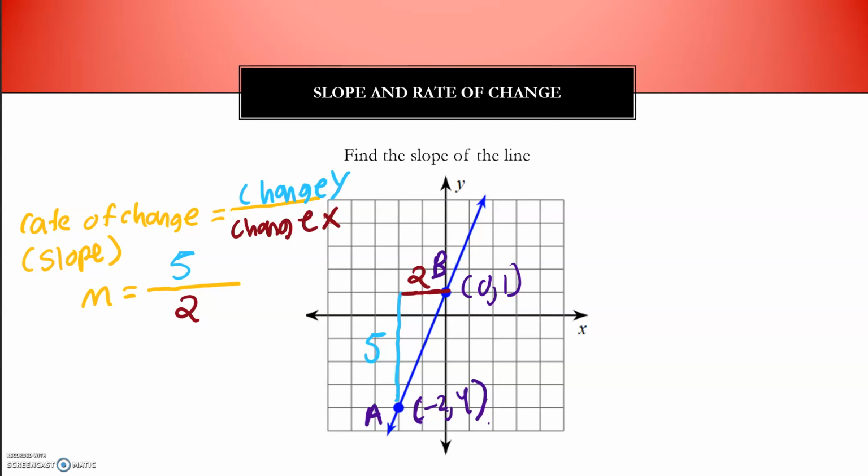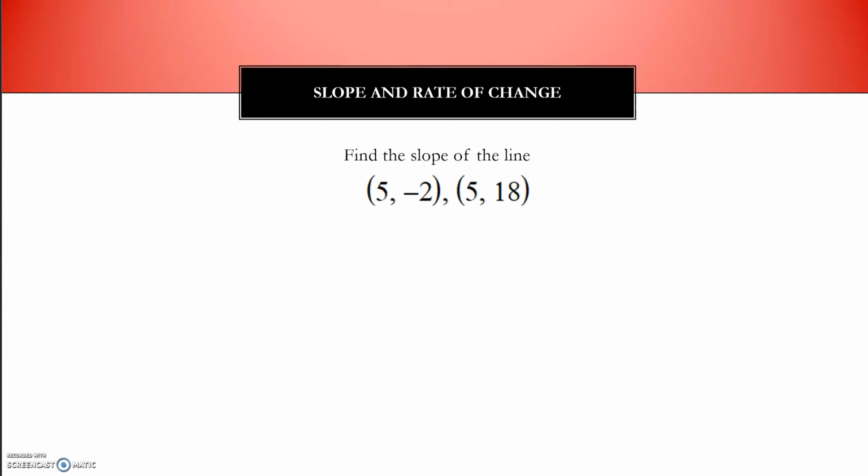Now, let's take a look at what happens if you have a pair of points. Okay? I'm going to give you a formula. So we still have that the slope, I'm just going to use slope instead of rate of change, still equals the same change in y over the same change in x.